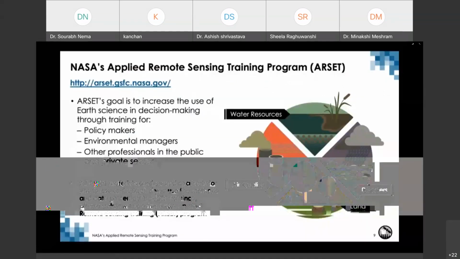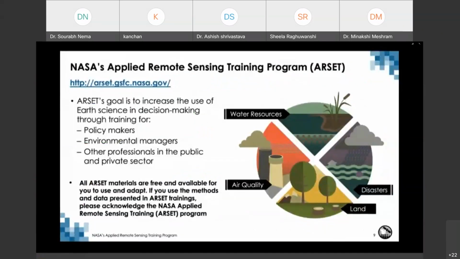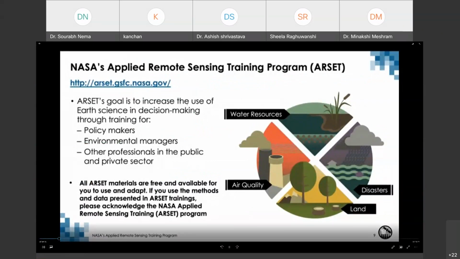Its goal is to increase the use of earth science in decision-making through training for policymakers, environmental managers, non-governmental organizations, and professionals in the public and private sectors. All RSET materials are free and available for you to use and adapt for your audience. We request that if you use the materials, methods, and data presented in our trainings, please acknowledge the NASA Applied Remote Sensing Training Program.